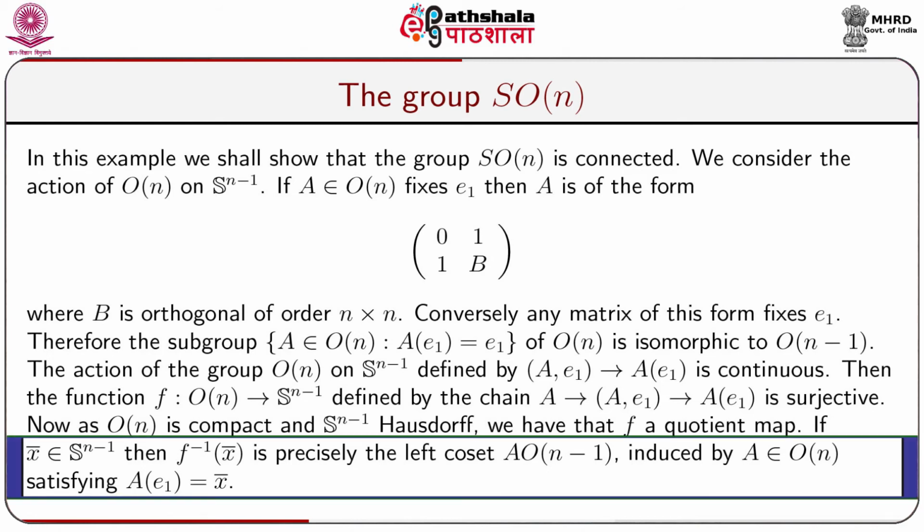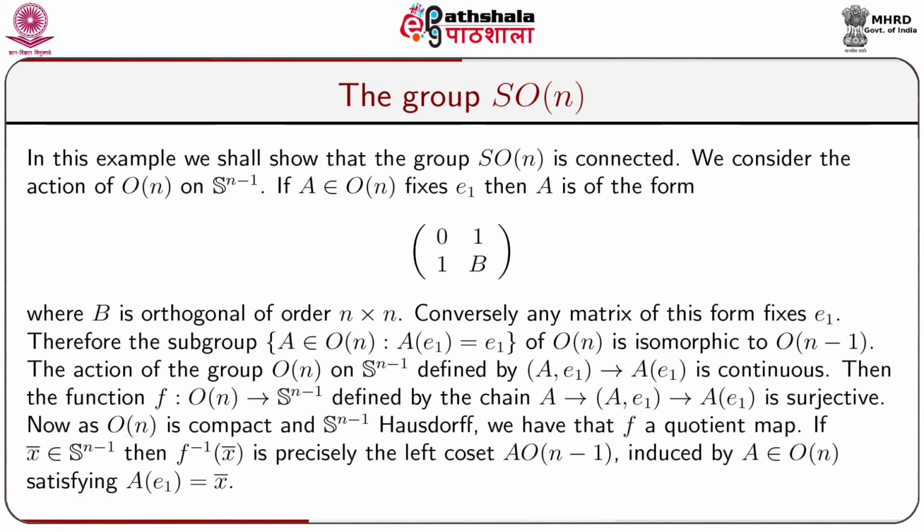Now if x belongs to S^(n-1), it can be easily checked that f inverse of x is precisely the left coset A O(n-1), where A belongs to O(n) and satisfies that A(e1) is equal to x.